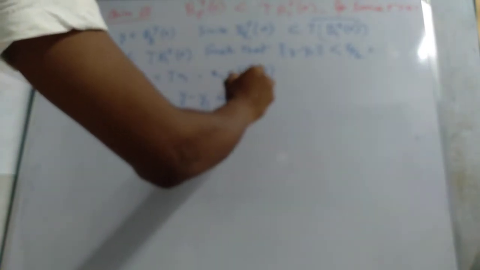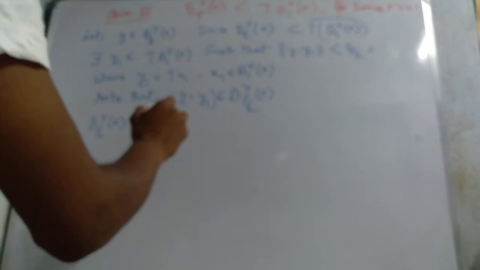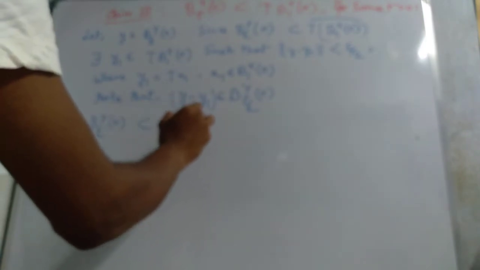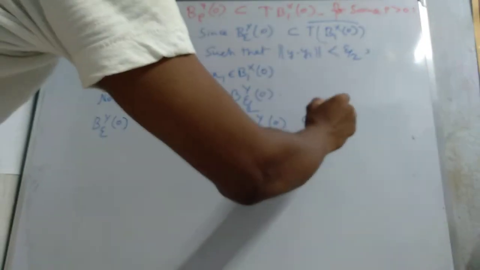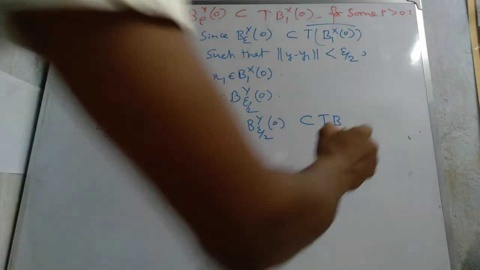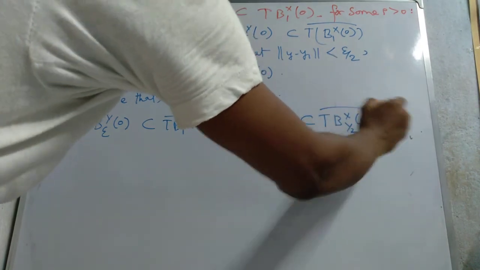Okay, note that y − y1 belongs to B_epsilon/2(0). Hence B_epsilon/2(y0) is a subset of the closure of T(B_1/2(x0)).